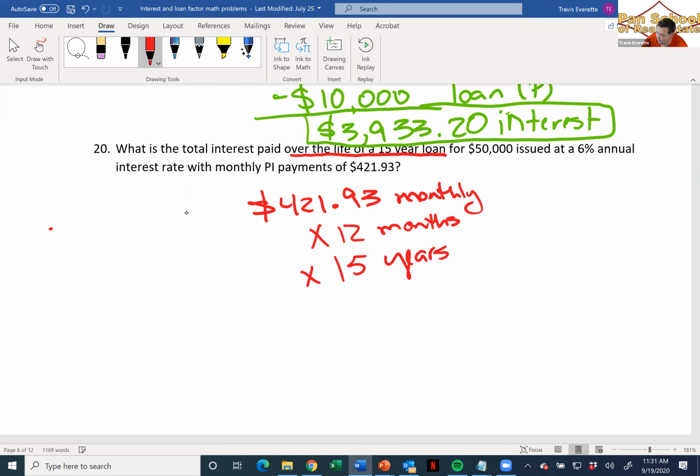That's exactly right. Good. So 421.93 times 12 months a year times 15 years. That looks like to me a grand total payback of $75,947.40.